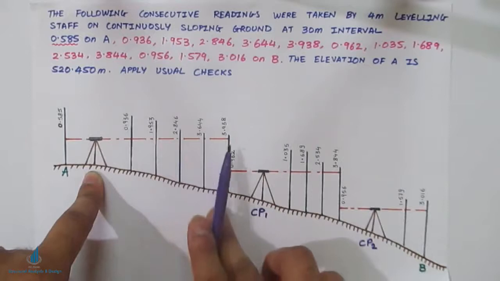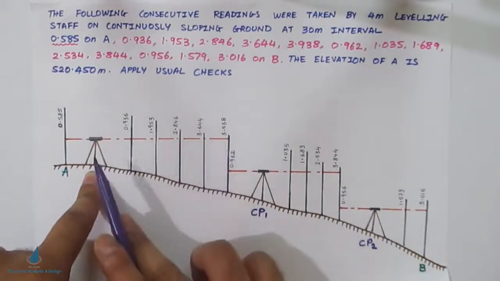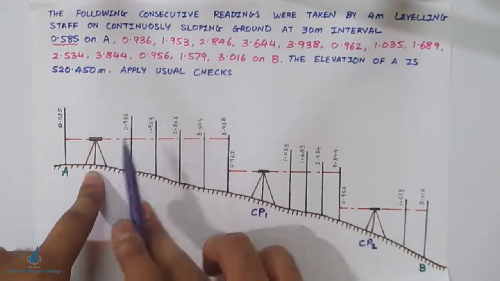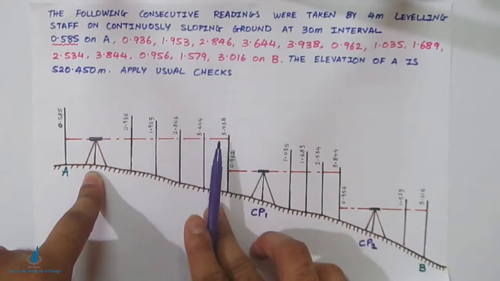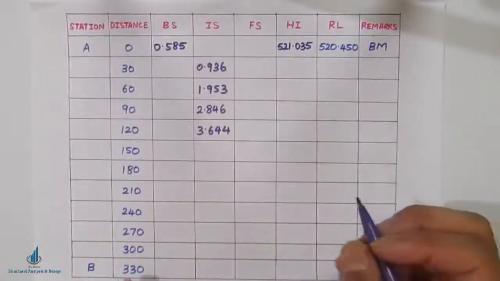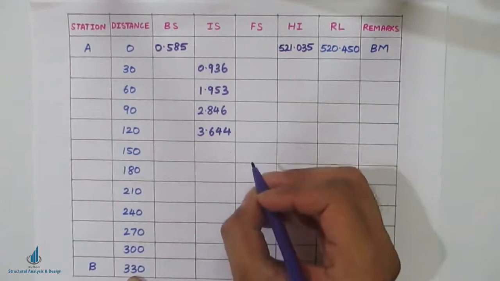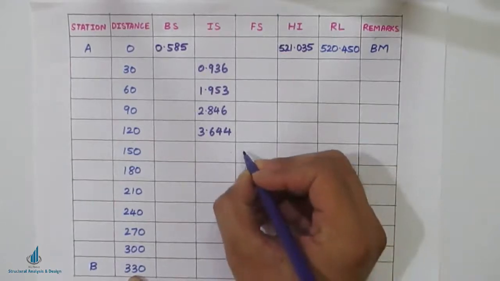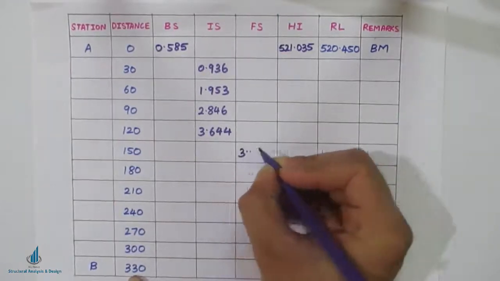So this is the last reading from this particular instrument, and you have to write it in the foresight column. So 3.938 I will write in the foresight column, at 150 meters.